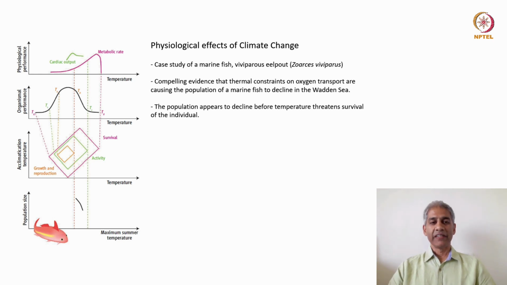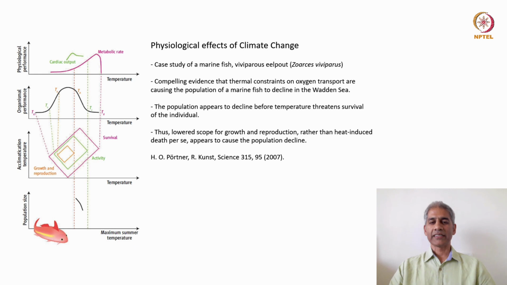But if we look at other parameters such as activity, or growth and reproduction, then we see that for these processes, the temperature window is much narrower, especially for growth and reproduction. So if this temperature is exceeded, that will lead to less growth and reproduction in this species, leading to a drop in the population.